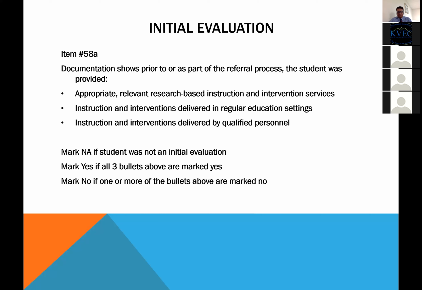So we must have those. You mark NA if student was not an initial evaluation. You're going to mark yes if all three of those bullets are marked yes. And if one or more of those bullets are marked no, then you're going to mark no. So we just need to make sure all those pieces are there.